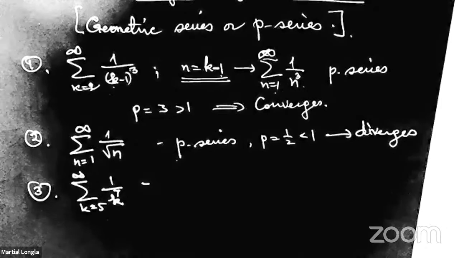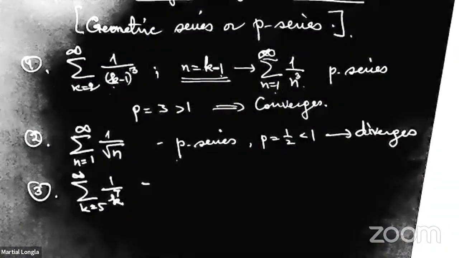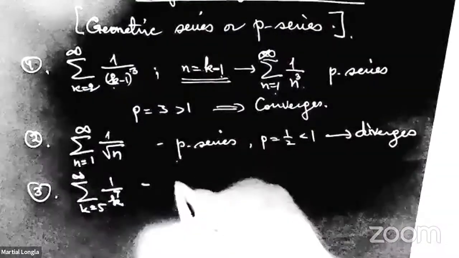Would you say that this one is also a p-series and that it converges because p is greater than 1? What is p? Give me the value of p. 7. That's it. You need to write that. p equals 7. So this is a p-series.